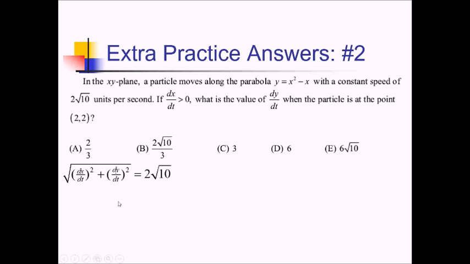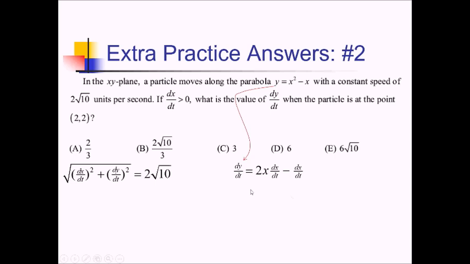So to get a little bit more information, we're going to go back to this parabola that they told us our particle is moving along, and we're going to differentiate this with respect to time, so implicitly differentiate it, kind of like a related rates problem. So this is going to be dy over dt, and then x squared becomes 2x dx over dt, minus this is going to be another dx over dt.